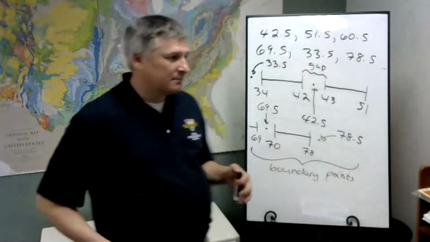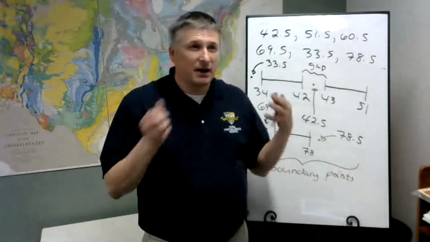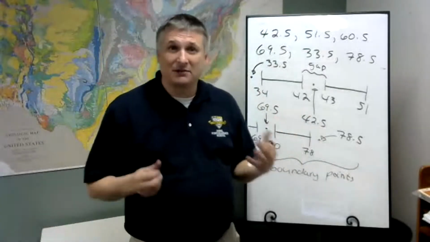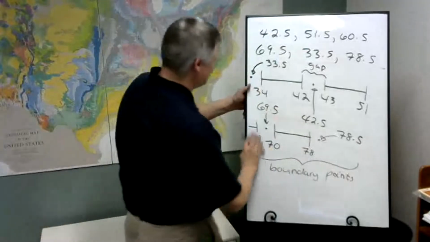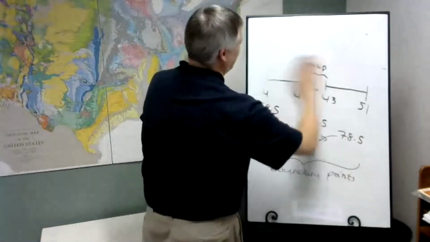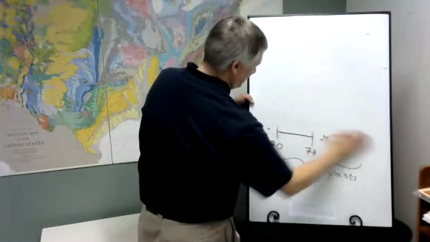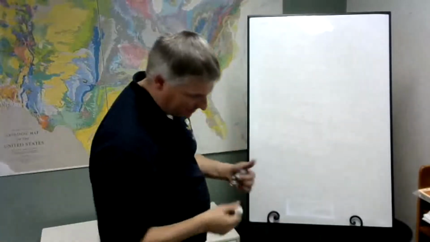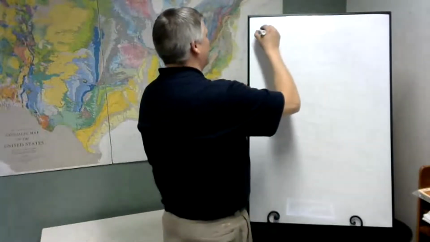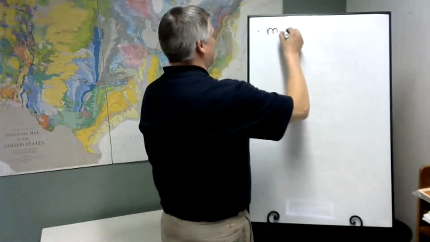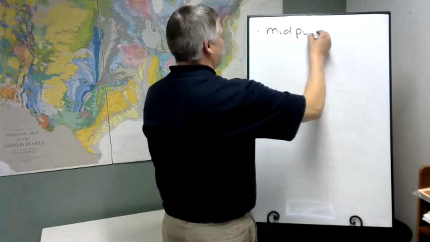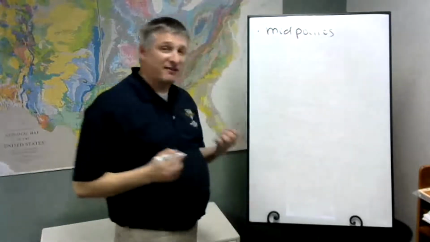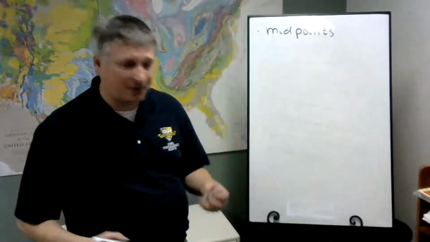Finally, the midpoints. Now, these are just the averages of the upper and lower class limits for each class. So we're going to find 5 midpoints, one for each of our 5 classes.